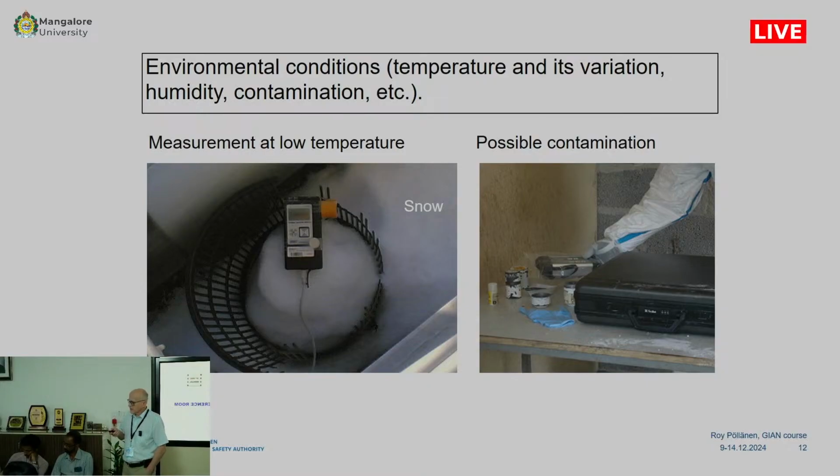The selection of the detector also depends on the environmental conditions. For example, in this case, something is measured. I don't remember anymore what is detected here, but there is snow outside. In Finland this is especially important because in winter it's cold.